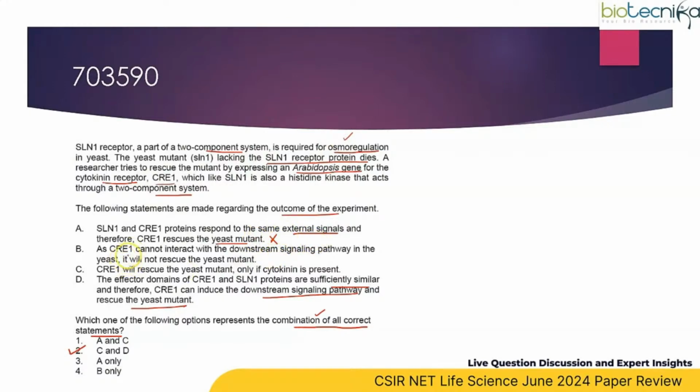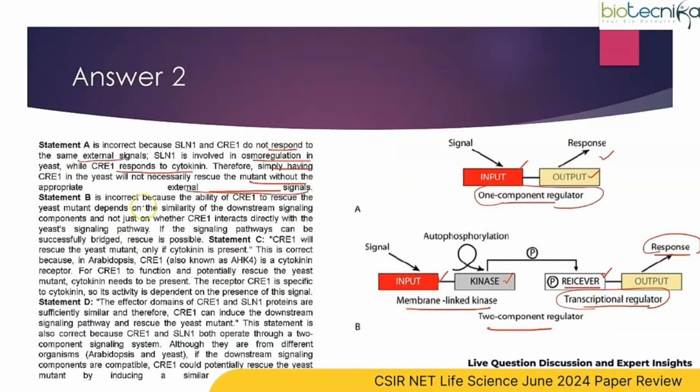B says, as CRE1 cannot interact with the downstream signaling pathway in the yeast, it will not rescue the yeast mutant. Here B is again incorrect, because the ability of CRE1 to rescue the yeast mutant depends on the similarity of the downstream signaling components, and not just on whether CRE1 interacts directly with the yeast signaling pathway.